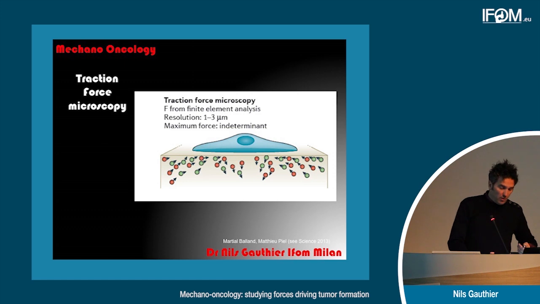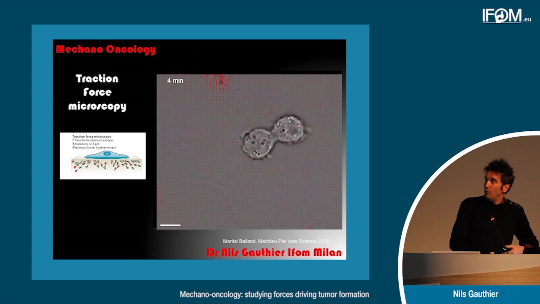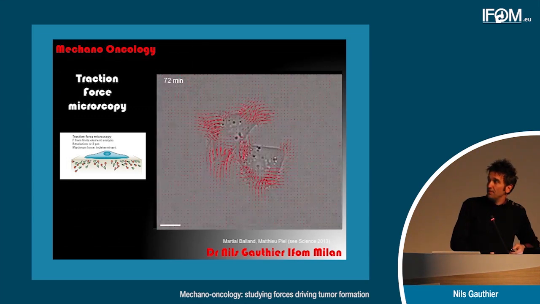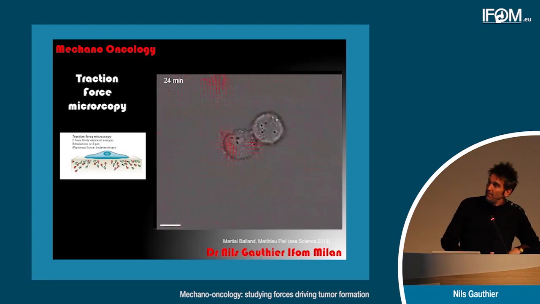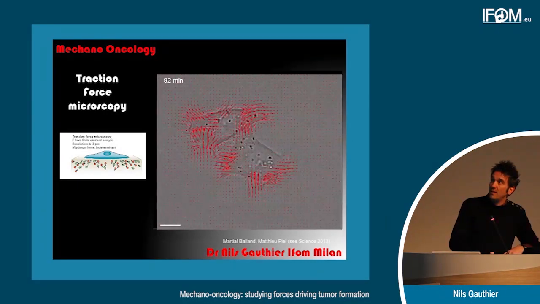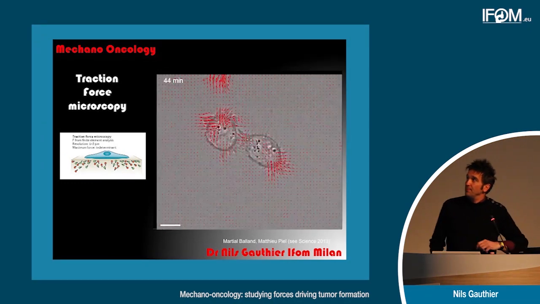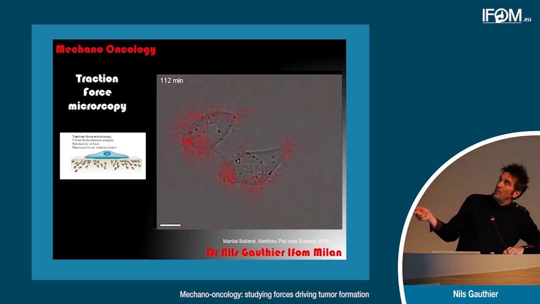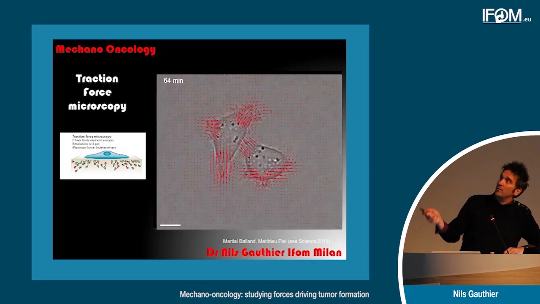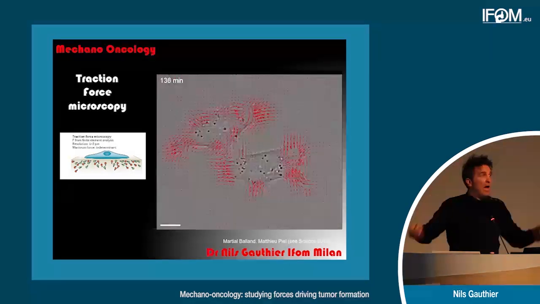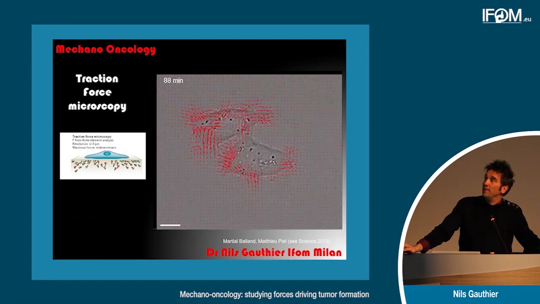Then how it works. I put you a movie here, made by 2 friends of mine, from France. Then this is again a dividing cell, you're going to see, that is put on this type of substrate. And you're going to see, this has been calculated. The red arrows here, that point inward, are forces applied by the cell on the substrate, calculated from the displacement of those beads.